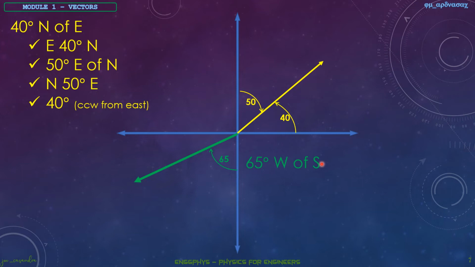Or its complementary, we have 25 degrees. That will be 25 degrees south of west. And we have west 25 south. Or from the east, that will be 180 plus 25, so that's 205 degrees. Okay, that's for our notation, how we draw or measure your directions.